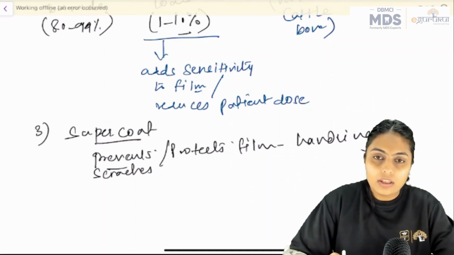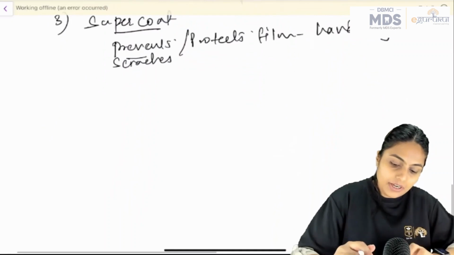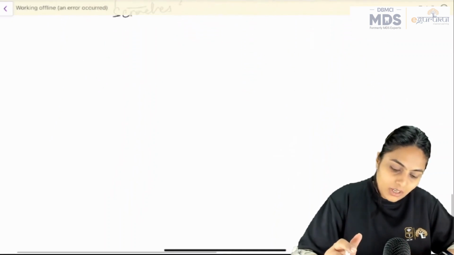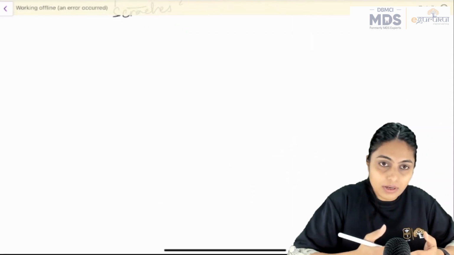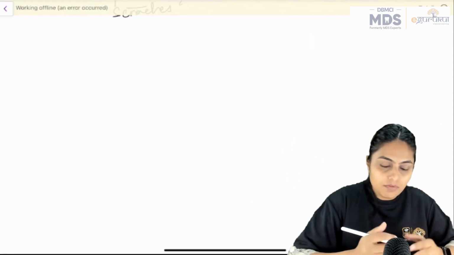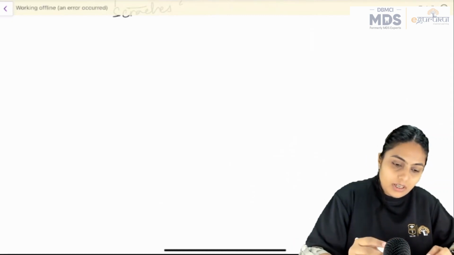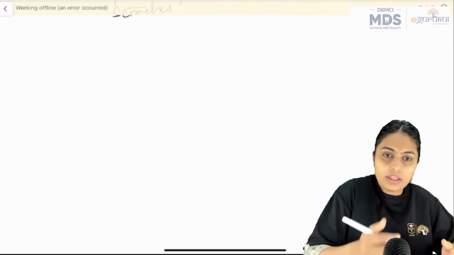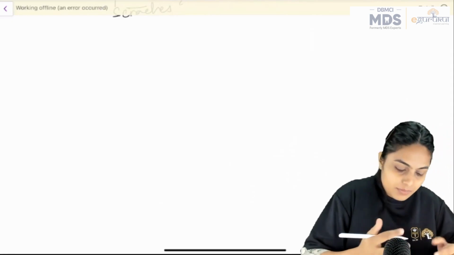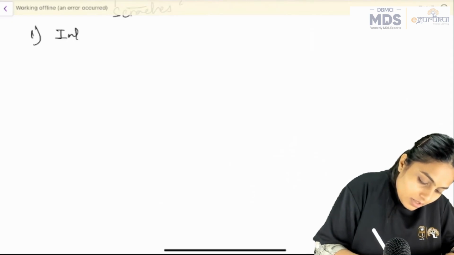Okay, now what we are going to study is the intraoral film speed. These are subtopics: we have seen the composition of the film, the covering of the film. Now we'll see what are the accessories that come with these x-ray films. First is intraoral film speed.